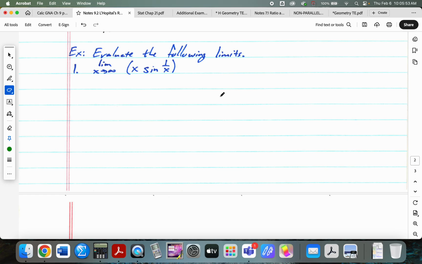The limit as x goes to infinity of x times sine of 1 over x. As x goes to infinity, 1 over x goes to 0. Sine of that will be 0 times something infinitely large. This isn't going to work. So what I'm going to do is think of x as being 1 over 1 over x, so that I can rewrite my limit as the limit as x goes to infinity of sine of 1 over x over 1 over x.